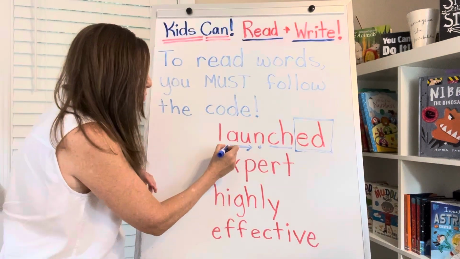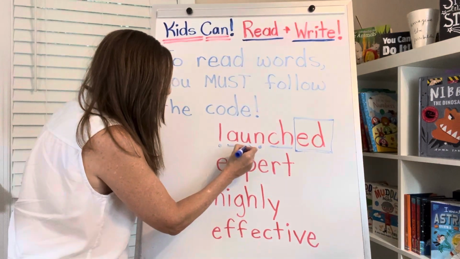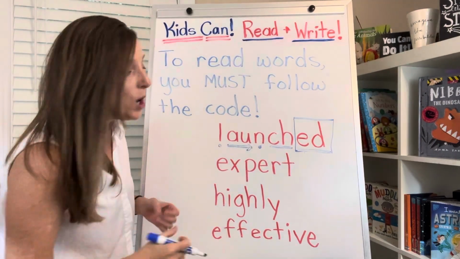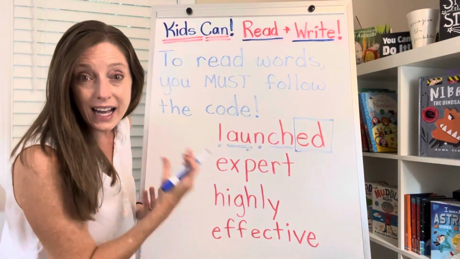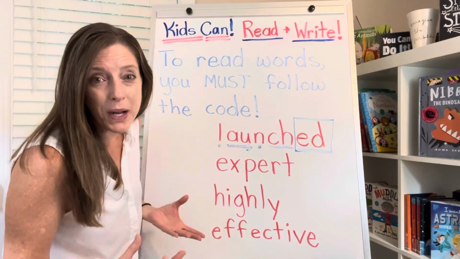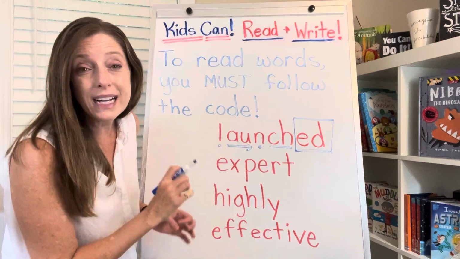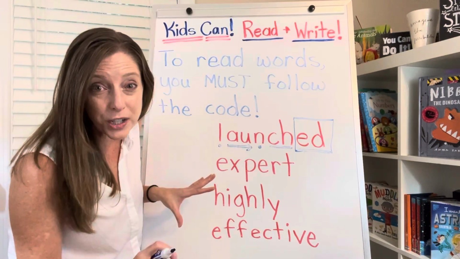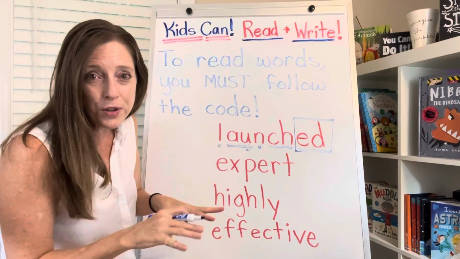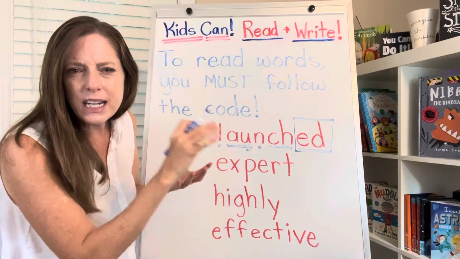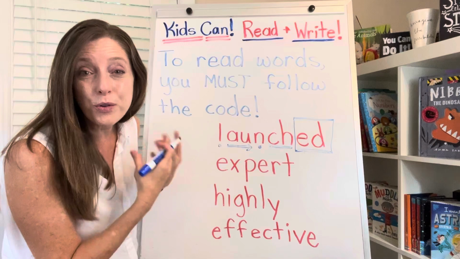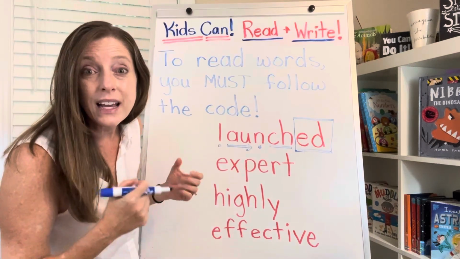And I'm telling you, if your child doesn't already know that A and the U say ah, or that C and the H say ch, or the ED says duh at the end of a word, unless it comes after a T or a D, then you might want to look into the Black Belt Reading Program, because I've done videos on all these tricks and they all go in order, so that if you follow the order and just go through the program, it gives you a way to teach your child the code behind the words so that he or she can read the words with confidence and ease.